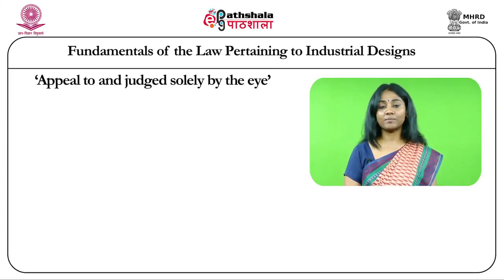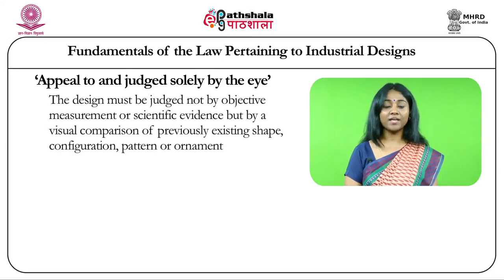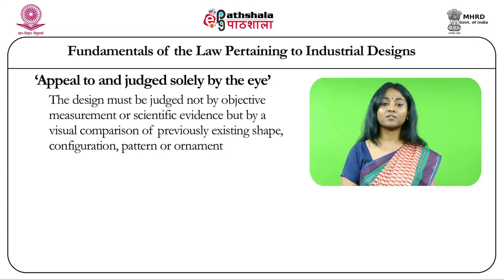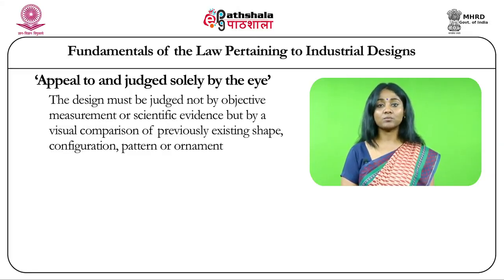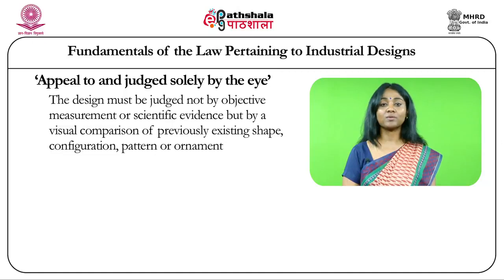Appeal to and judged solely by the eye. As already mentioned, the design must be judged not by an objective measurement or scientific evidence, but by visual comparison of previously existing shape, configuration, pattern or ornaments. Any added value which adds to the appeal of the article, and therefore makes it more commercially exploitable, so that consumers will find it more attractive to then go on to actually purchase it, is what is protected under design.